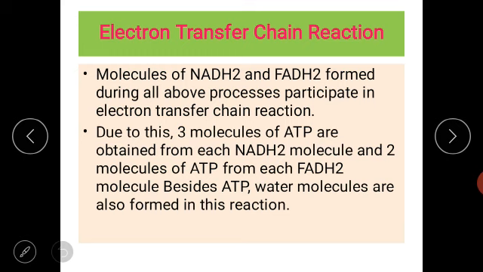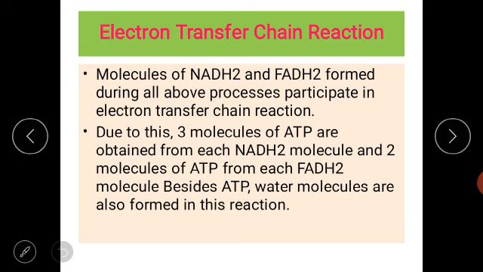So it is called a metabolic pathway, and these different metabolic pathways, for example glycolysis and TCA, operate one by one, and due to that energy is produced in each and every cell of the body.